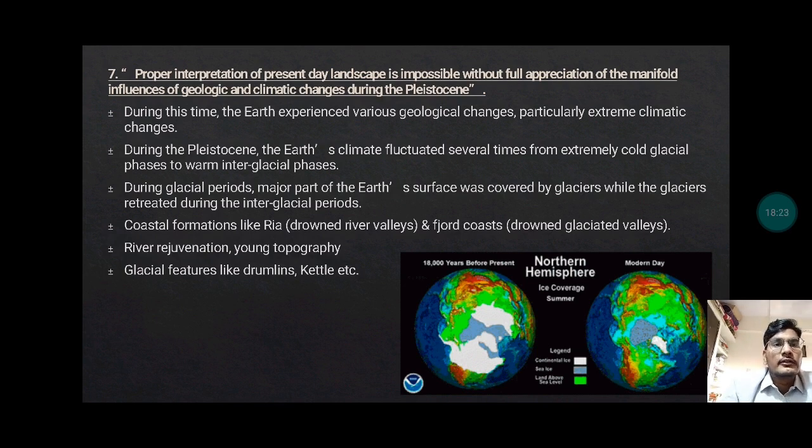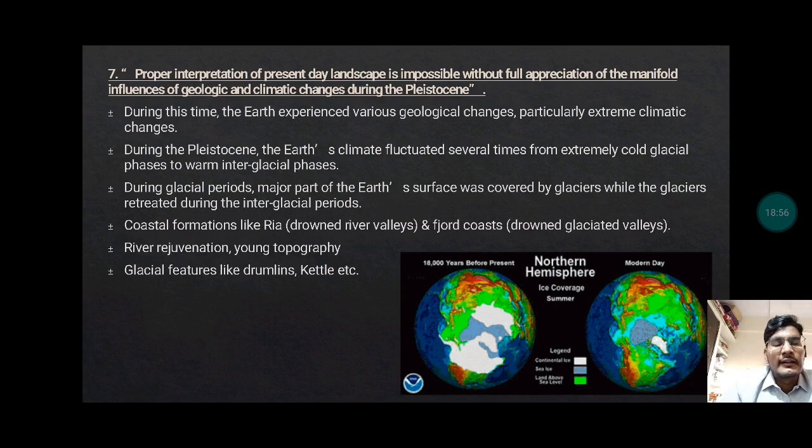But when there is a eustatic change and sea level increases again, valley shortening started, and the bed of the river became high again. So young topography has emerged. So that's why river rejuvenation and the young topography we are currently seeing are also the impact of the Pleistocene period, whatever geologic and climatic changes happened during that time.